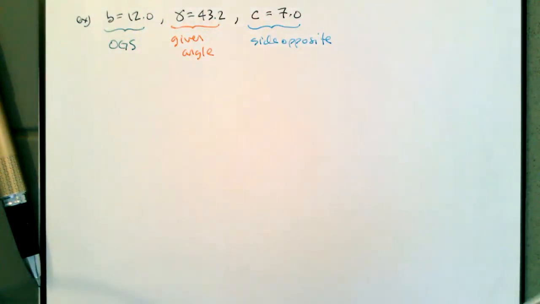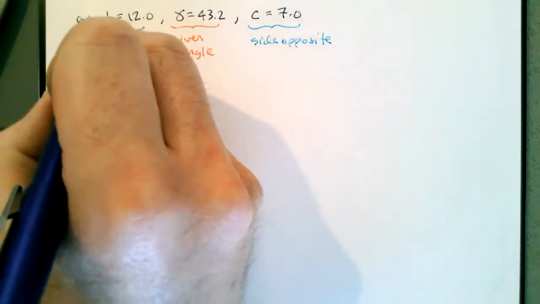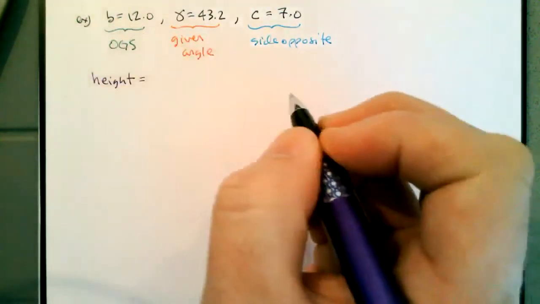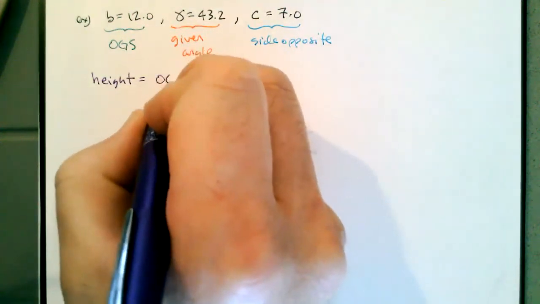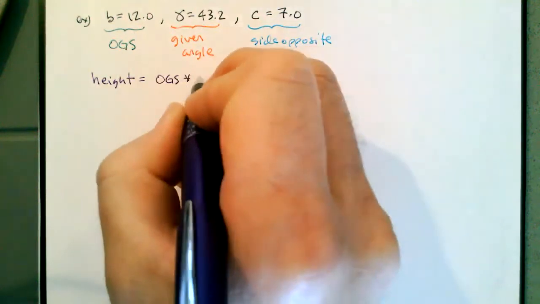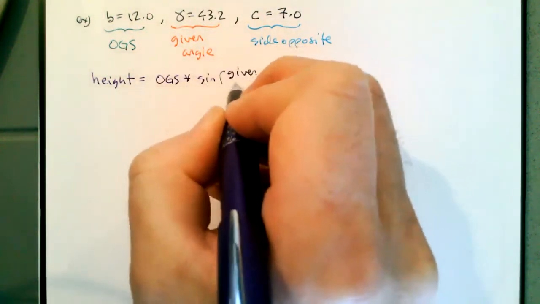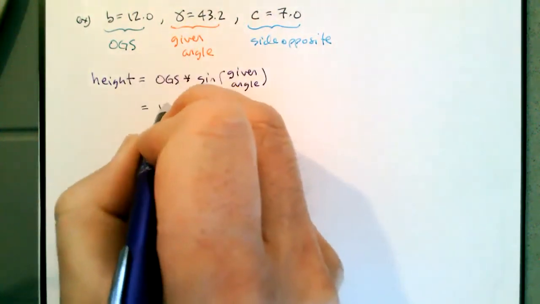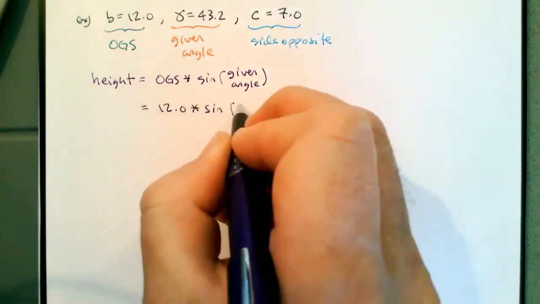Let's suppose that we want to know, before we start doing any law of sines, the height of the triangle. So the height of the triangle is the other given side multiplied by the sine of the given angle. So in this case, that would be 12 times the sine of 43.2.